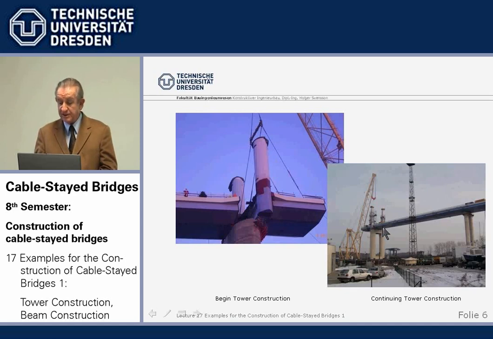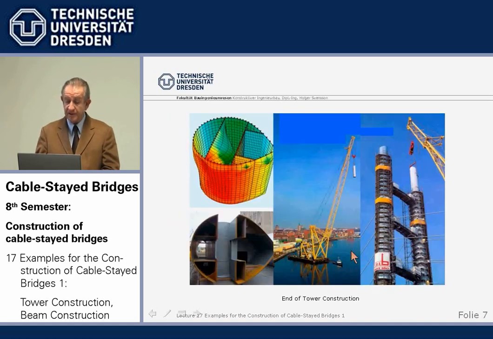We see it here installed, the beam is there, and we now go on piece by piece, lifting in the further steel tower pieces with a floating crane. We see here the cross section. It's aerodynamically shaped. All the piers and towers of the Strelasund Bridge are aerodynamically shaped for lesser wind load and for architectural reasons, I think.